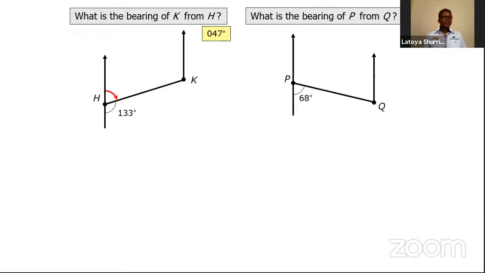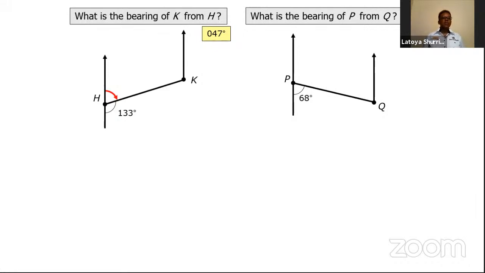All right, quickly, what about the bearing of P from Q? You see, it takes practice, and I don't want you to feel any way if you didn't get it correct. It takes practice, and we're taking our time to go through to ensure that you get it. So what is the bearing of P from Q?